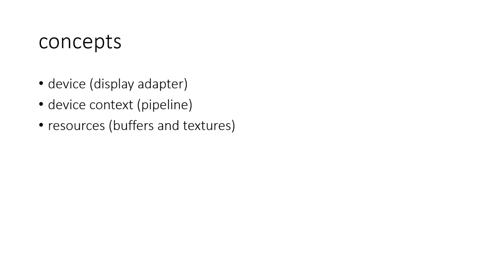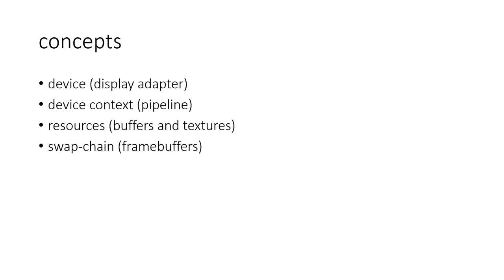Resources: D3D uses the term resources as the general term for buffers and textures. To get hold of a resource, you call a method on the device, get yourself back a resource, and then you attach that resource into the rendering pipeline through the device context.